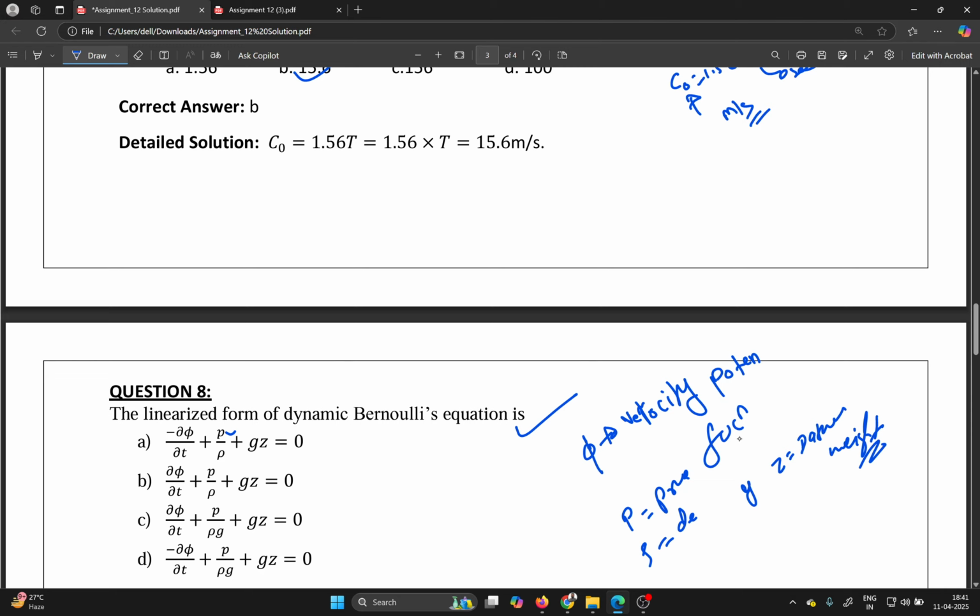So this is some basic understanding about the terminology. So option A is this, and option B is del phi by del t.